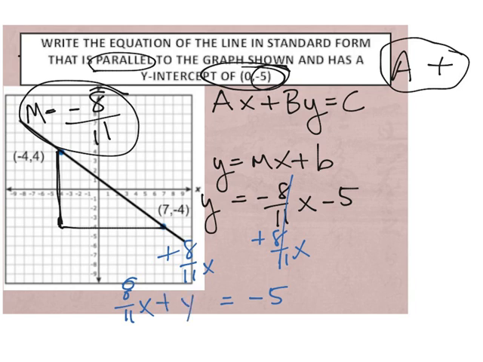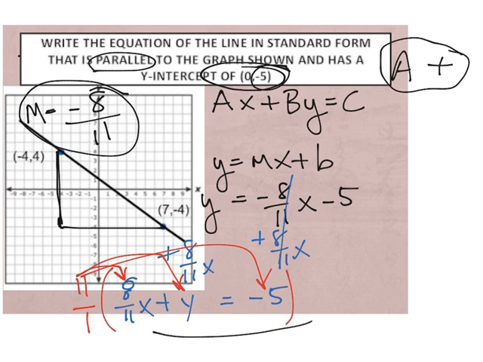Let's go ahead and get rid of this fraction here. This 11 in the denominator I do not want. In order to do this, I have to multiply the entire equation by a positive 11 over 1. This will eliminate the fraction. So we'll distribute here, here, here. Okay, so now I'm going to go ahead and take black.